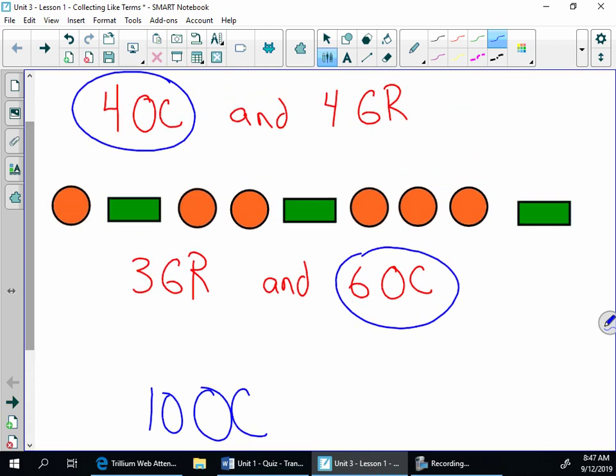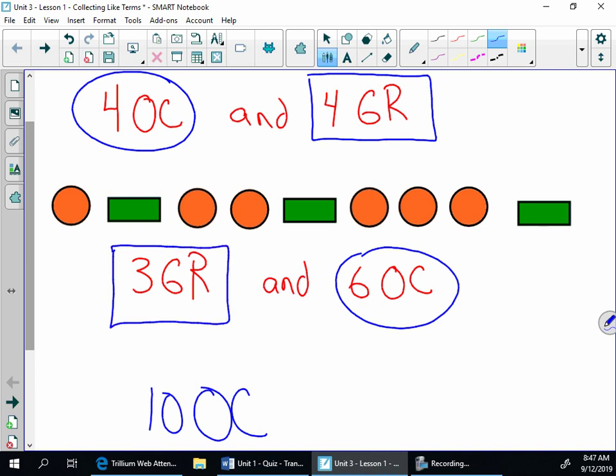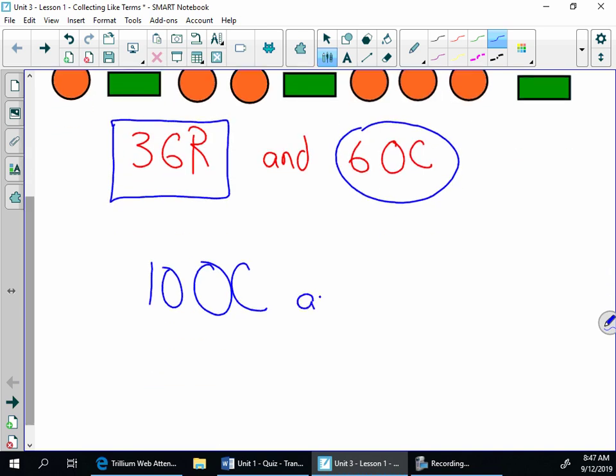There were also 4 green rectangles and 3 green rectangles, which means there must have been 7 green rectangles. What we've just done is something we call collecting like terms, a really important idea for when we do algebra. Think of them as shapes that can be described and put the ones together that go together.